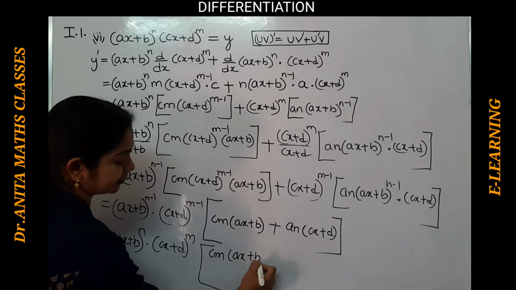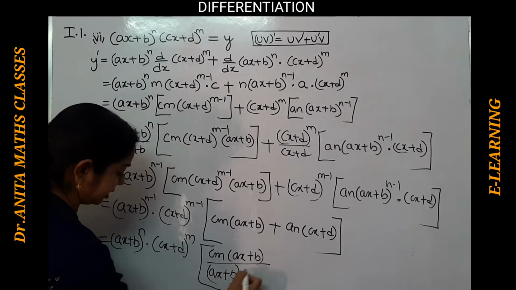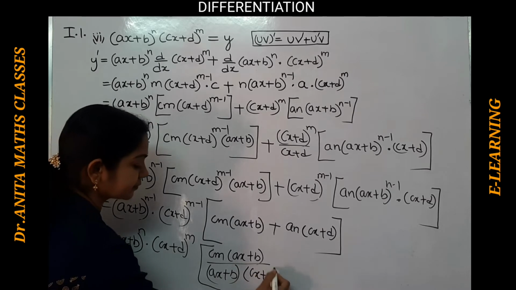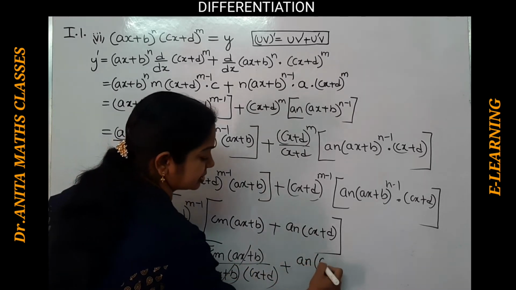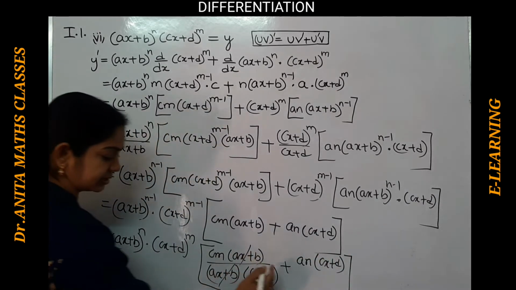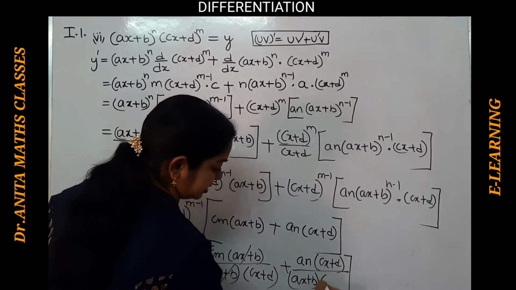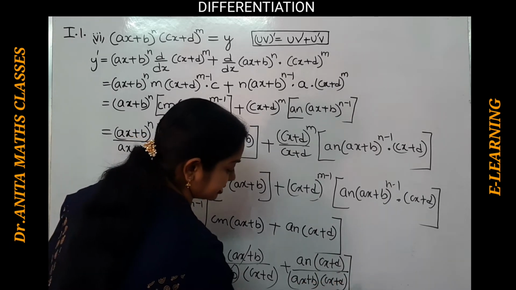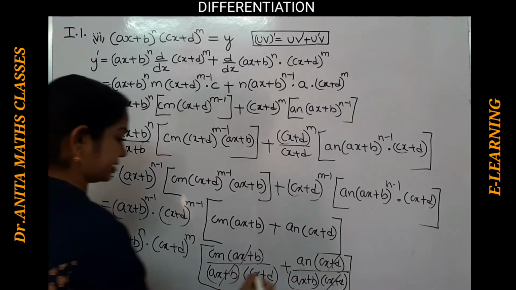So for the LCM part it becomes (ax+b); I am taking these two inside so that we can cancel them off. So (ax+b) again (cx+d), this I have taken inside so that I can cancel them. So the remaining part is our answer.